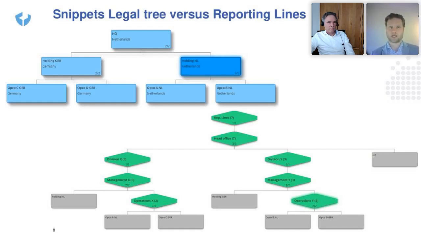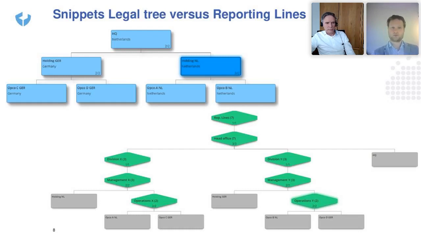Again, we see HQ as a top holding, we see the German and Dutch holdings, and a couple of OpCos, A, B, C, and D, where C and D are located in Germany, and A and B are located in the Netherlands.